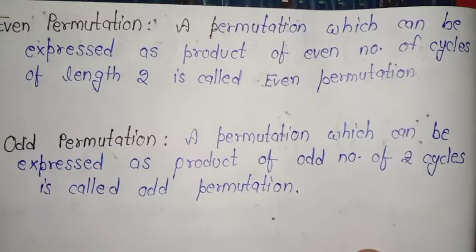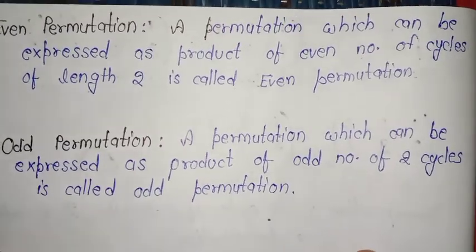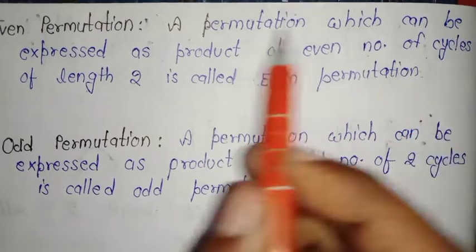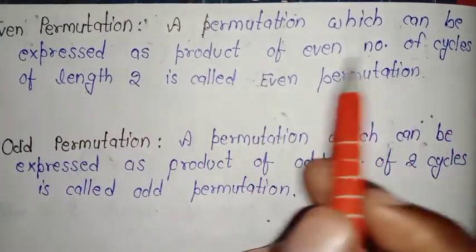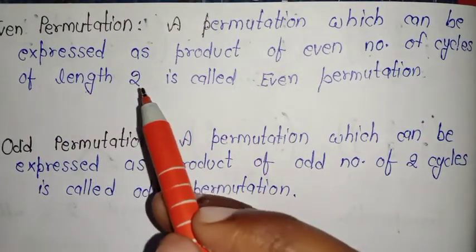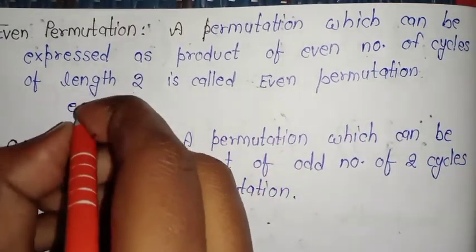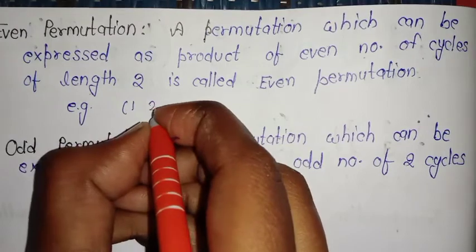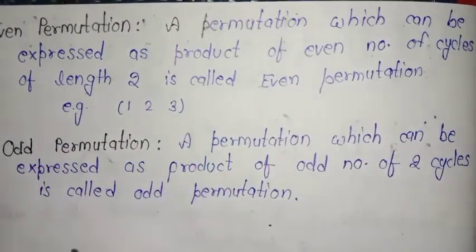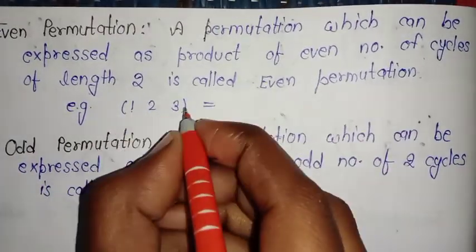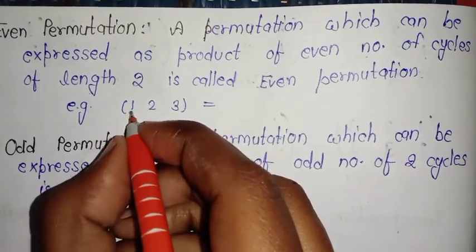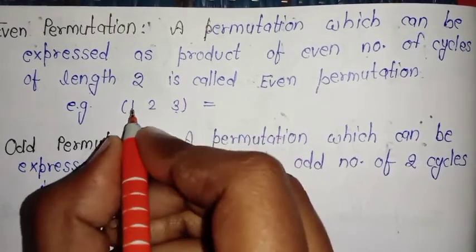So now we will discuss what is an even and odd permutation. A permutation which can be expressed as the product of an even number of cycles of length 2, that is the transposition, is called an even permutation. For example, if we see (1, 2, 3), that is the cycle of length 3, this can be written as (1, 3)(1, 2). That is, you just take the first element and the last one, and then the first and the second one.